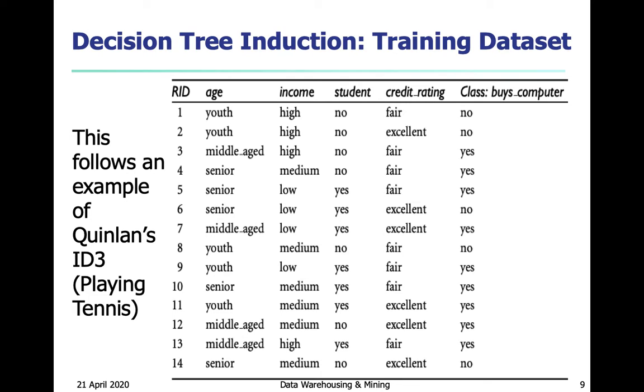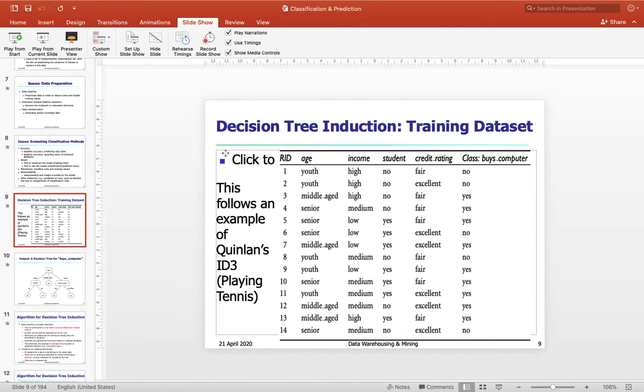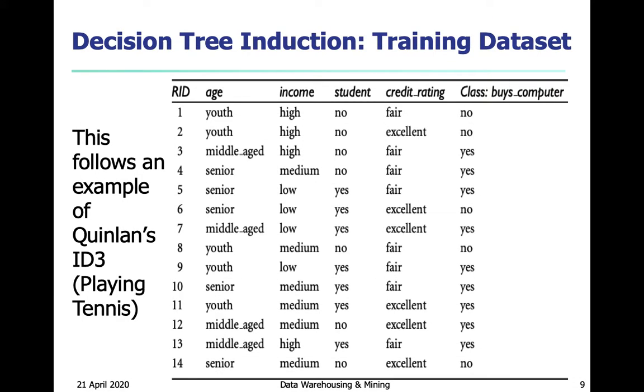So now the question that comes to mind is, how are decision trees used for classification? Given a tuple X for which the associated class label is unknown, the attribute values of the tuple are tested against the decision tree.